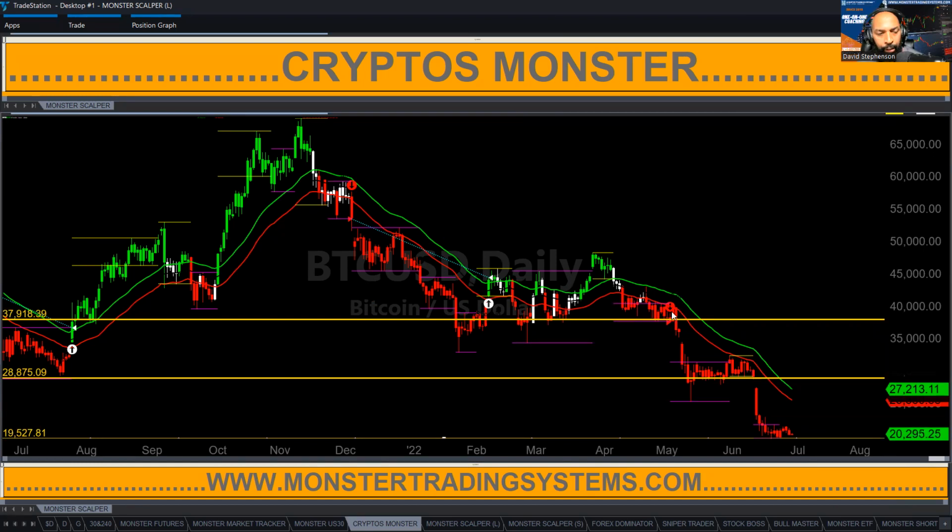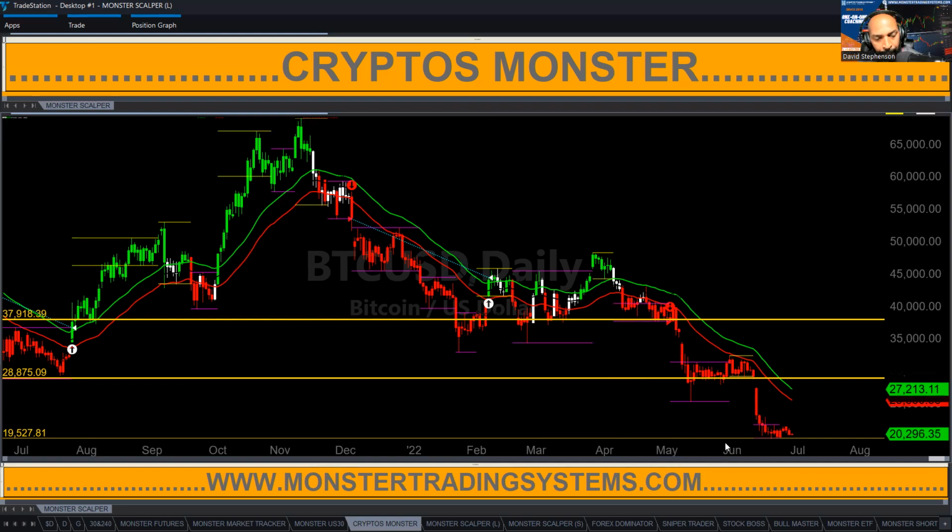Sell short signal, red candles, sellers are in control. We're in the markdown phase. It doesn't matter what we want or what we think. Price is continuing to break support, just like it did in the markup phase where price continued to break resistance.